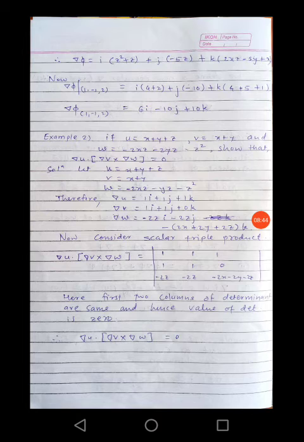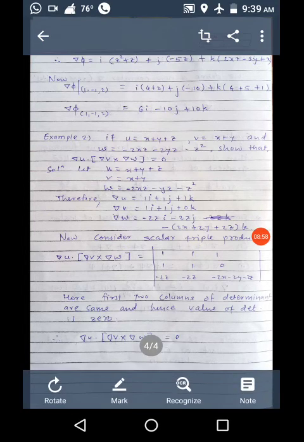Now example 2. If u is equal to x plus y plus z, v is equal to x plus y, and w is equal to minus 2xz minus 2yz minus z square, then show that the scalar triple product del u dot del v cross del w is equal to 0.